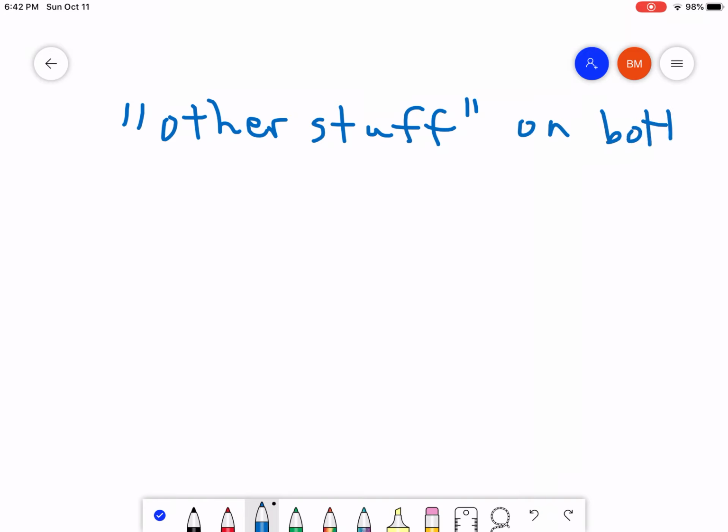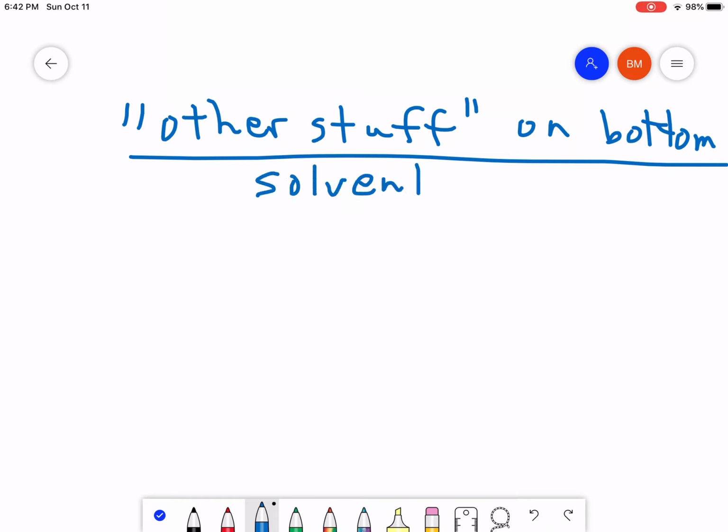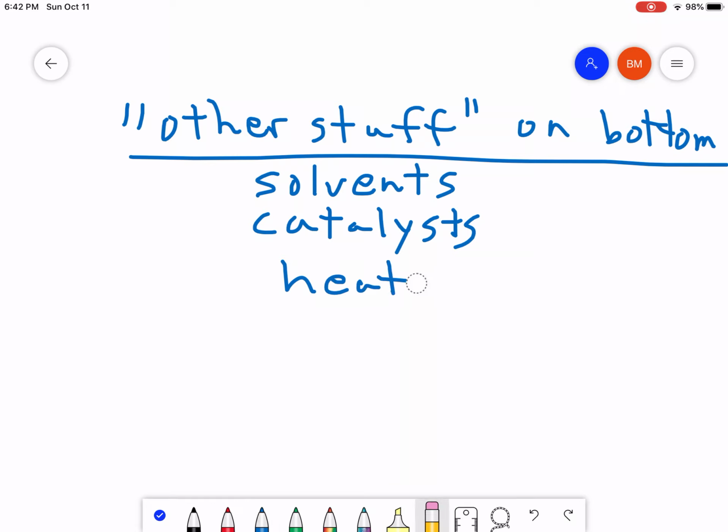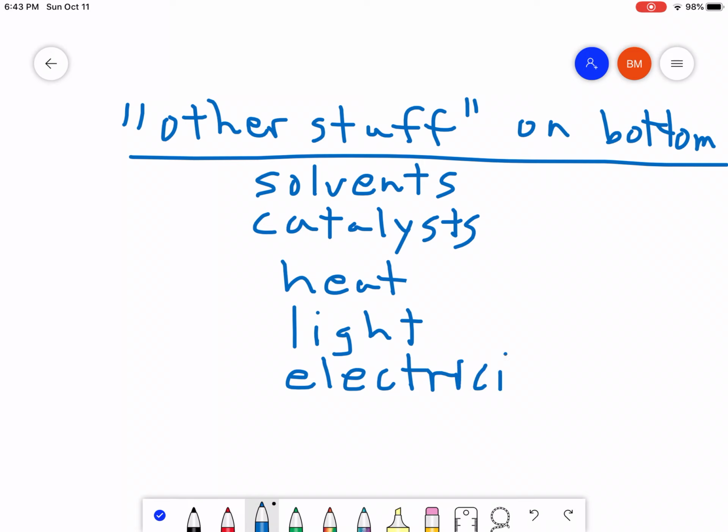This can include several different things: any specific solvents that you have to use that don't actually react chemically, catalysts, heat, special types of light like UV light, electricity, flame, and so on. Anything that's not a reactant is put on the bottom.